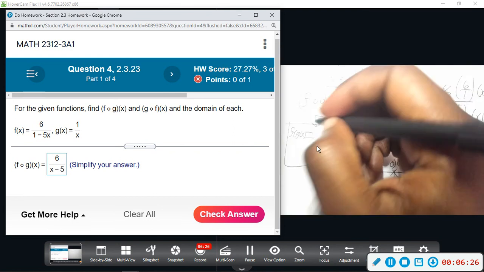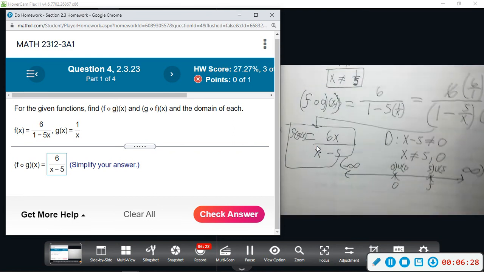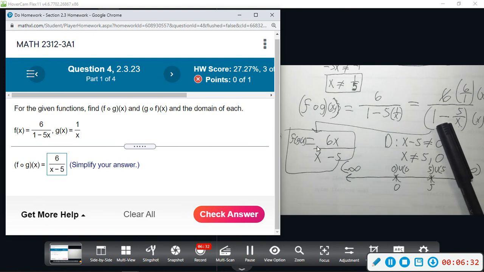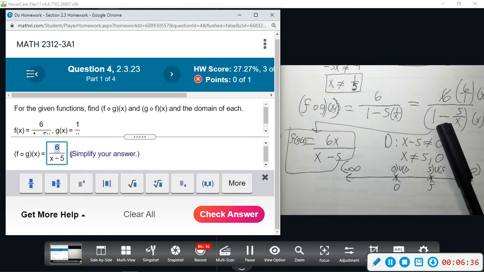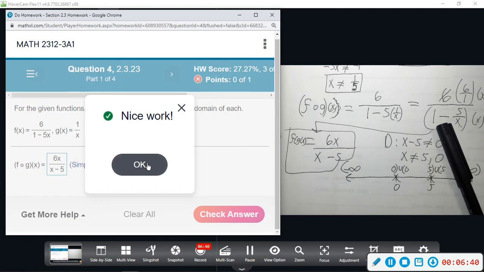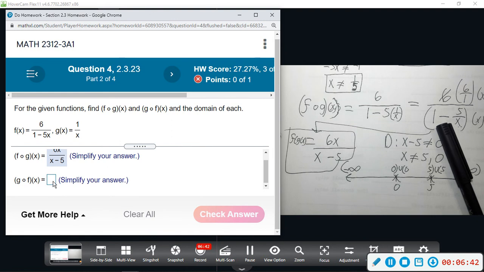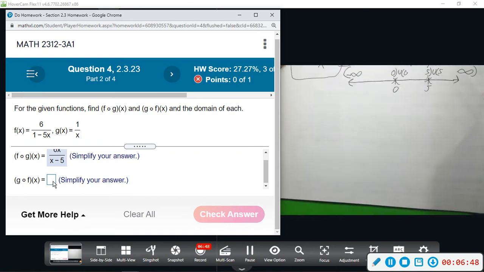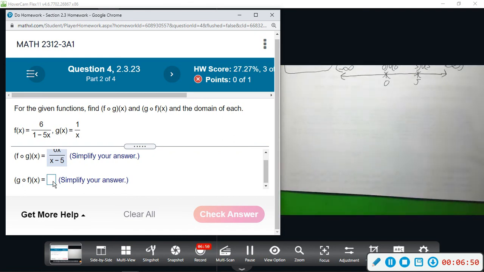I said 6x, so it should be 6x on the top. That's my mistake. From here, I didn't bring my x over. I said 6x, but I didn't write 6x. 6x. There we go. Okay, and they don't want the domain yet. They want us to do g of f of x, so let's do that one.